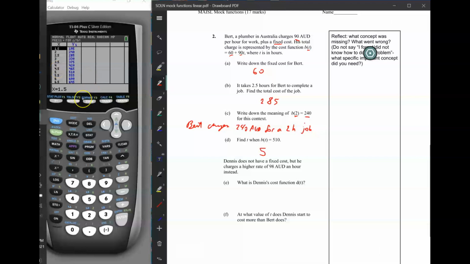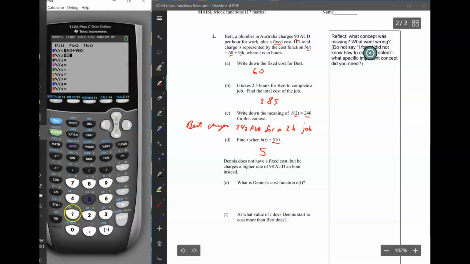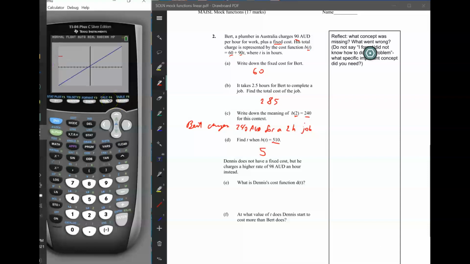There's another way to do it, which would work even if it didn't appear immediately here. We don't have to adjust the increment. What we could do is go to y equals, and put a value here of y, which we're looking for, 510, and then we're going to graph it.